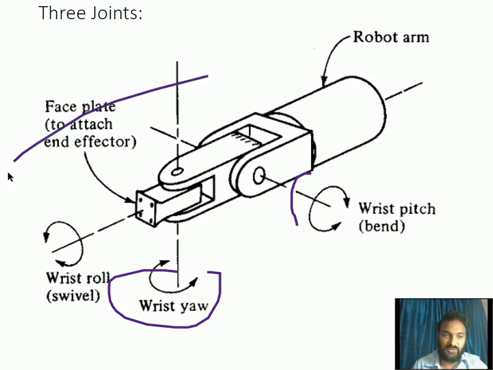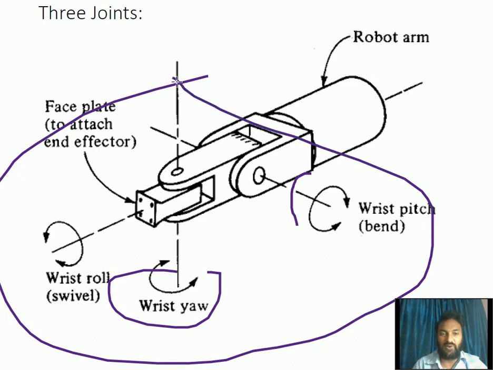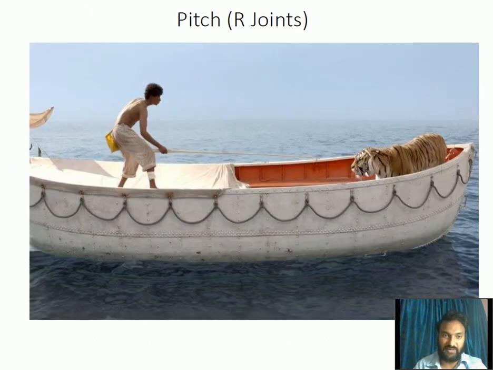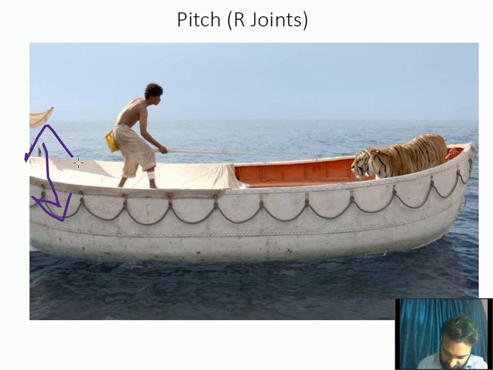So these are joints related only to the end effector. We will see this in another slide. Now you can understand, in this board it will move up and down here, up and down here, it goes up or down.